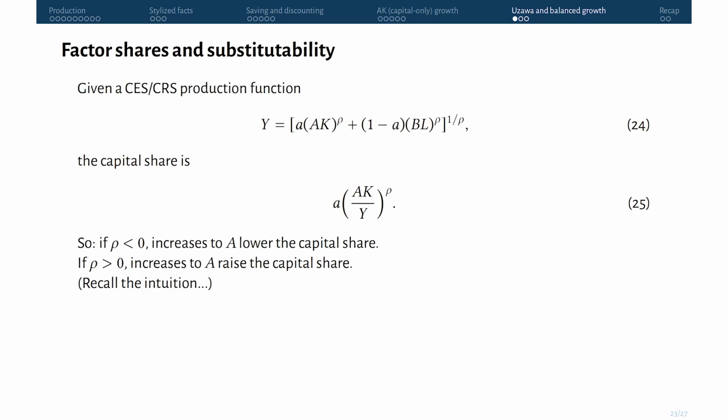When we have more effective capital, you're lowering the marginal product of it by more than you're raising the quantity, at least in relative terms, relative to effective labor, and so you're lowering the capital share. And likewise, if rho is greater than 0, then increases to A, more effective capital, mean greater capital share.